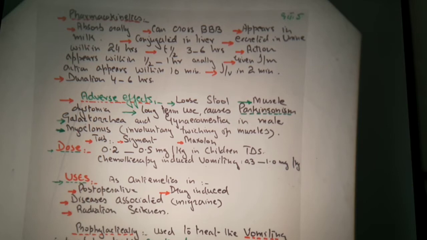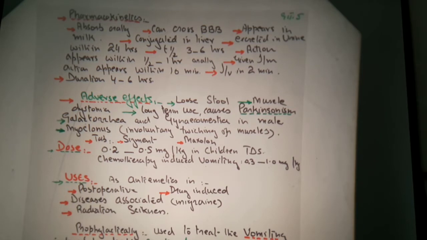Now the tablets are Perinorm and Maxolon, which can be used for the treatment of emesis. The dose is 0.25 mg per kg body weight in children, 3 times a day.